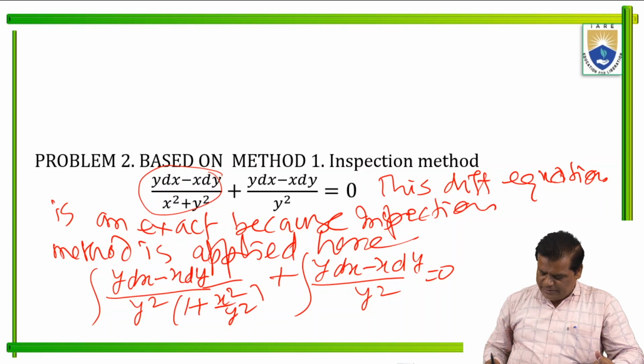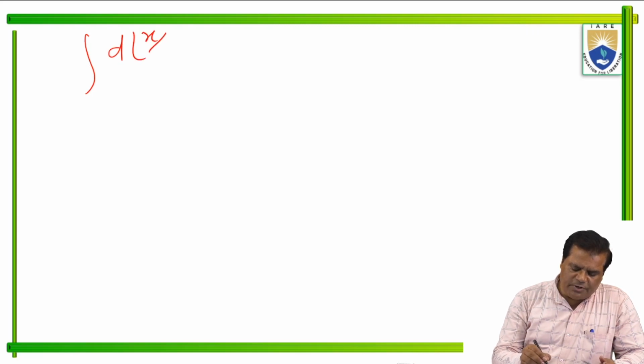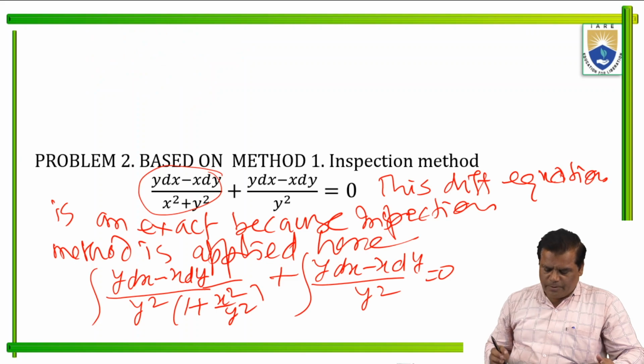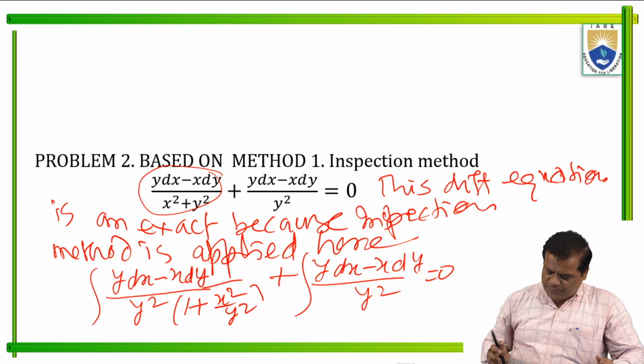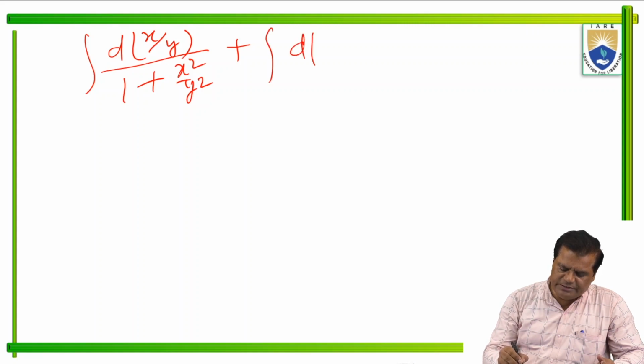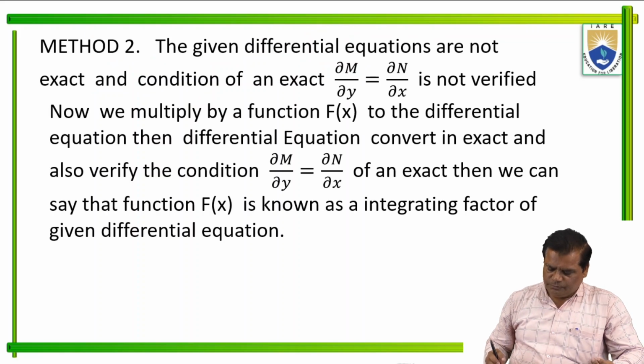We can write here the integration of the differential of x upon y upon 1 plus x square upon y square, and plus this is the differentiation of x upon y also, equal to C. Clear?